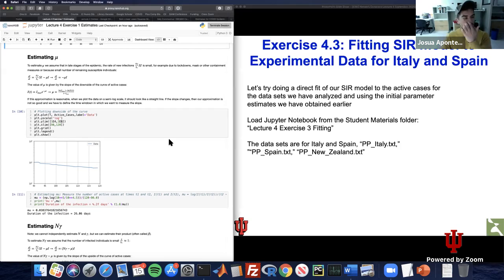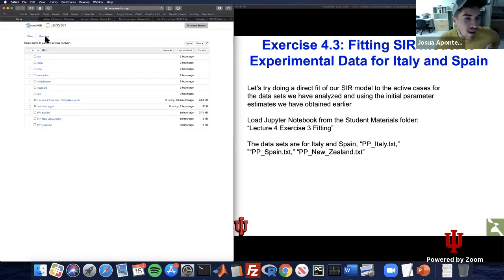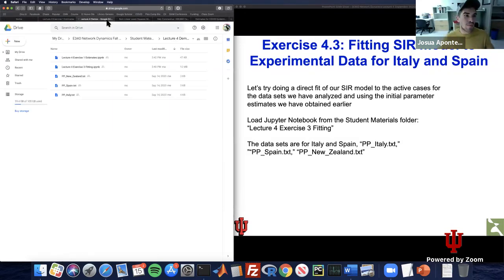So if we go back to our notebooks, in that same folder, I have uploaded a second notebook that is called Lecture 4 Exercise 3 Fitting.